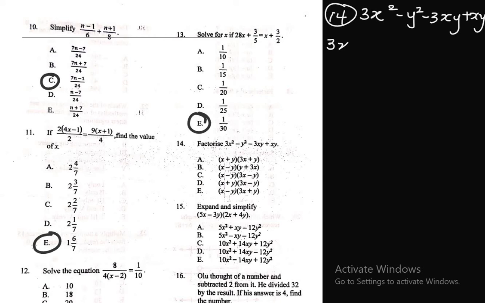This will give me 3x squared minus y squared minus 3xy plus xy. It's just like saying you are owing 3xy. If you pay xy, minus 3xy plus xy will give me minus 2xy. So I've combined.